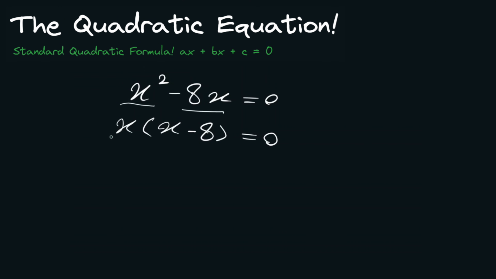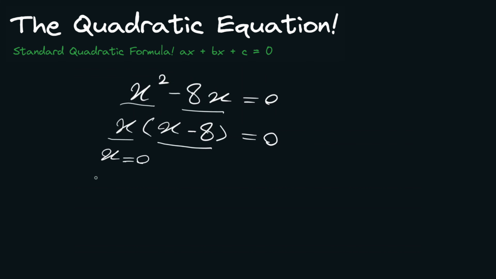One solution is this x, because anything multiplied by 0 can be equal to 0. So here, if this x is 0, this is one of our solutions, and if the expression in this parenthesis is 0, we will also get 0.